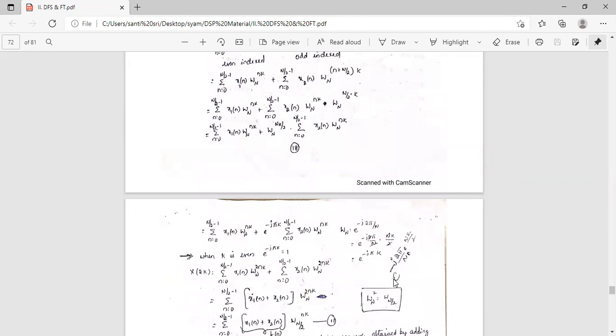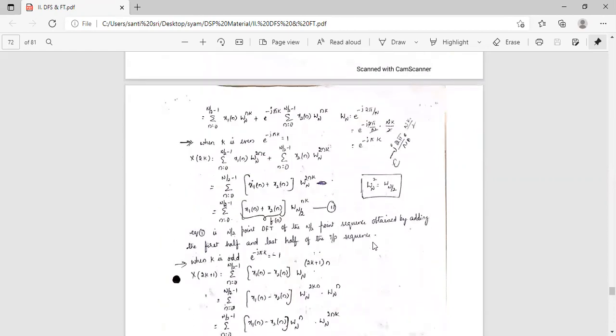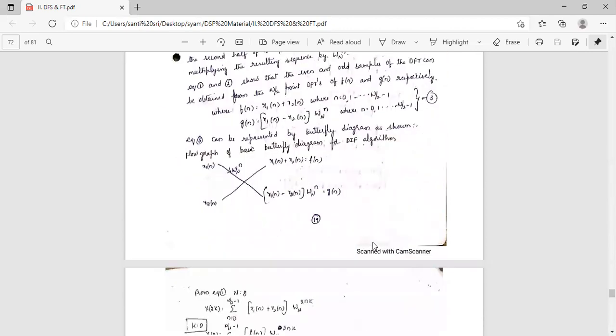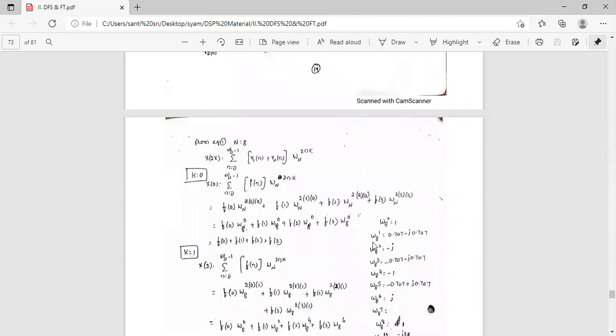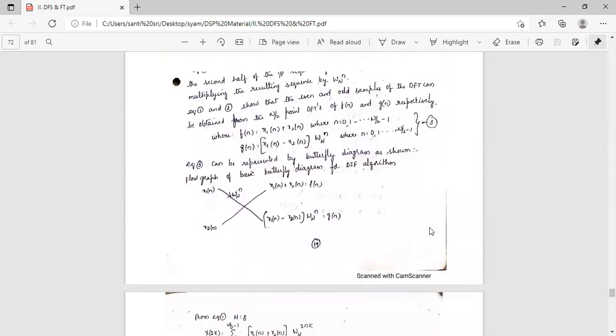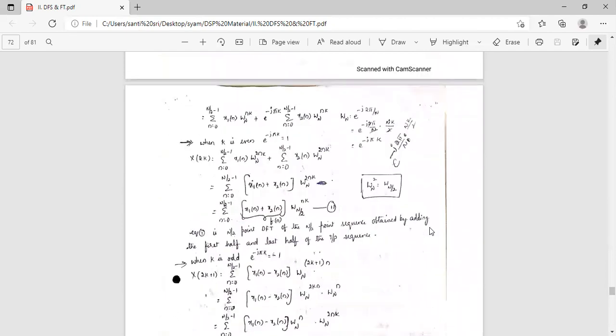See, e power minus j 2 pi by N is W_N. So W8 power 0 is e power minus j 2 pi by N whole power 0, like that, we will substitute.